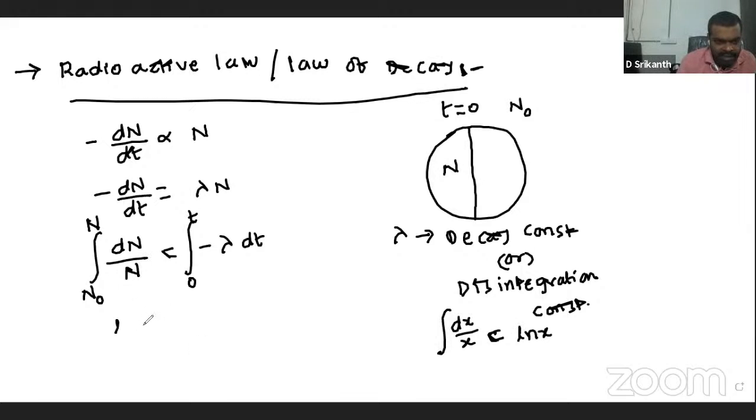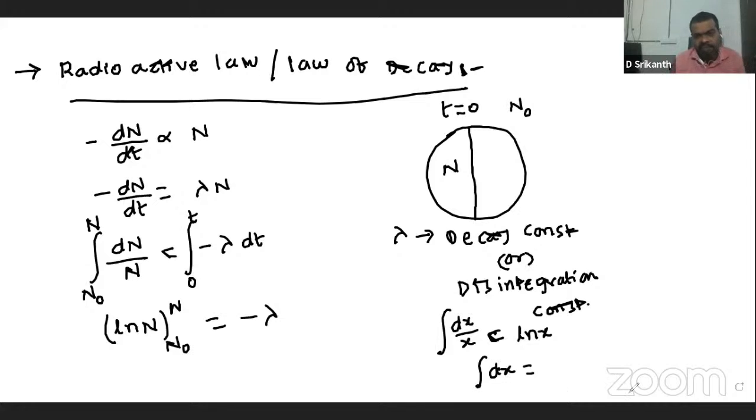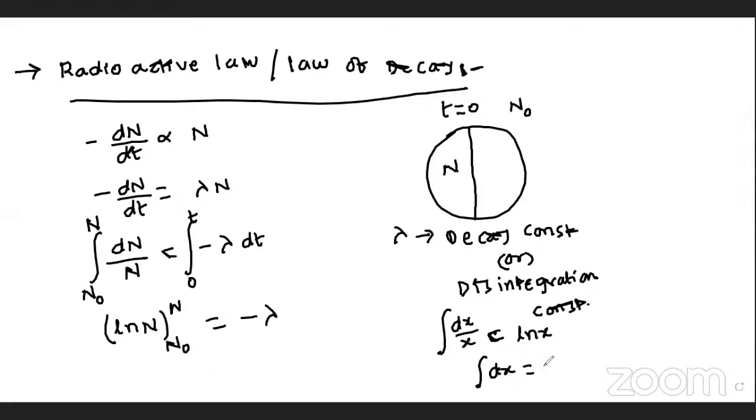So I can write ln N between the limits N naught to N, equal to minus lambda times the integral of dt.